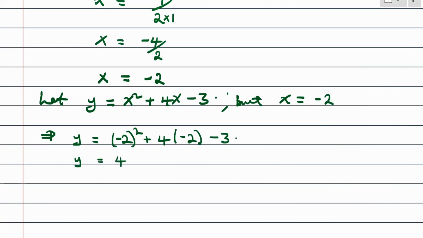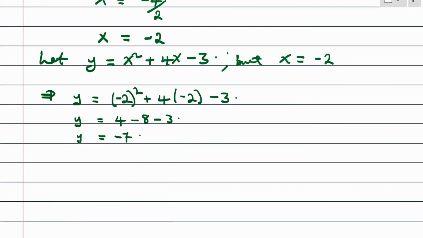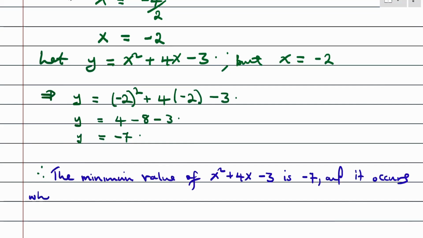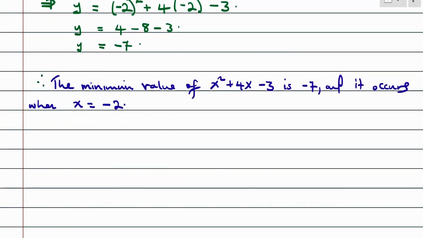So y equals 4 minus 8 minus 3, so y equals negative 7. We can now conclude, therefore, that the minimum value of the expression x squared plus 4x minus 3 is negative 7, and it occurs when x equals negative 2.